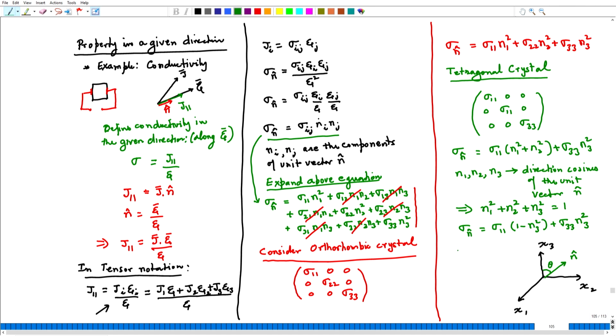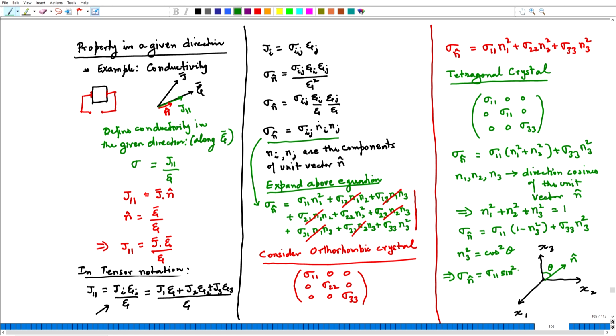Then n 3 square is nothing but cos square theta, and thus I can write sigma in the direction of n as sigma 1 1 sine square theta plus sigma 3 3 cos square theta.